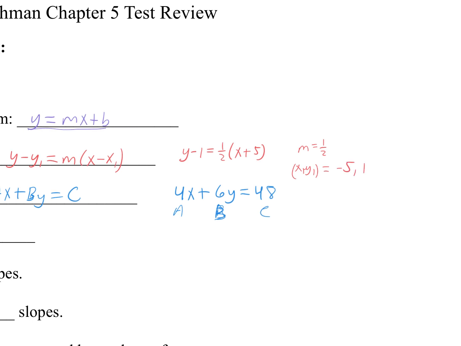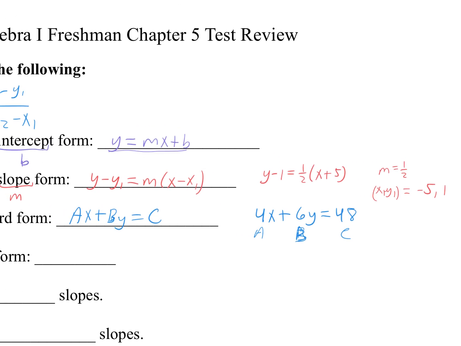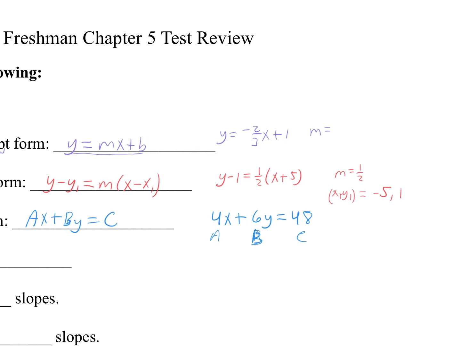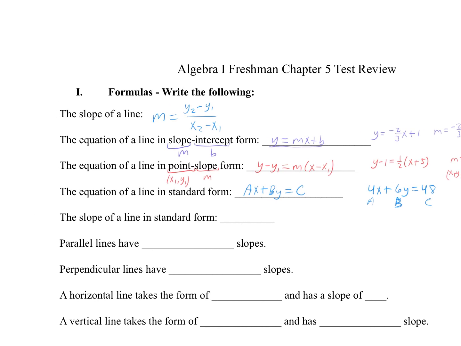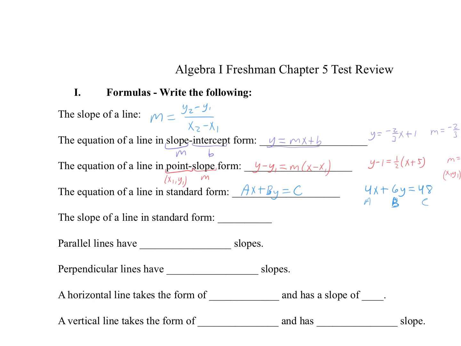X goes with x, y goes with y. All right, and then for slope-intercept form, I'll give you, let's say, y equals -2/3 x plus 1. Right, your slope in this case is going to be -2/3, and your y-intercept is going to be 1. All right, so these are just some examples to go with these equations of a line.